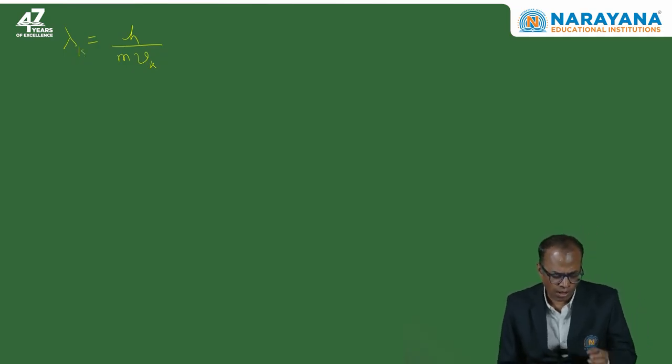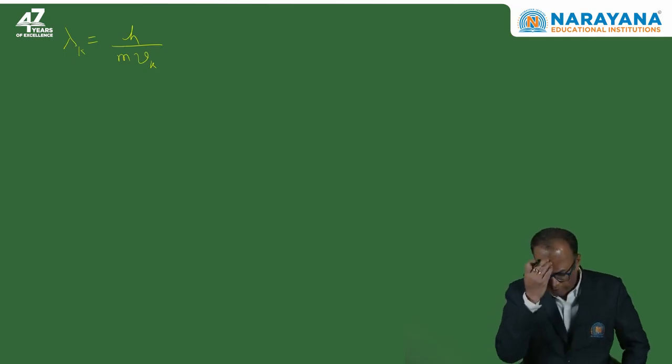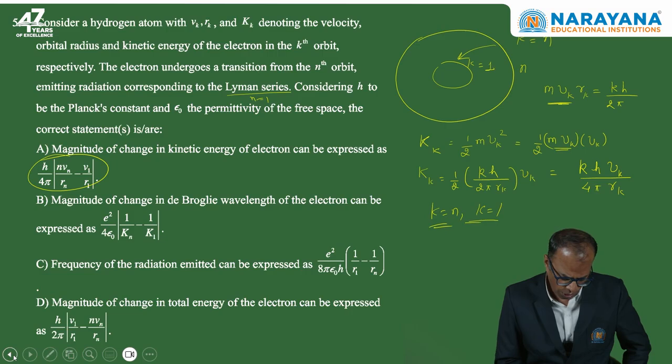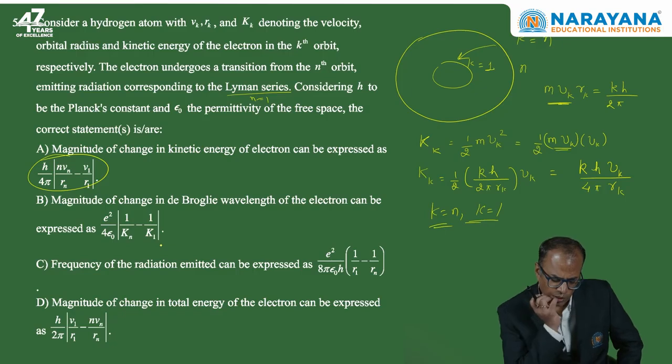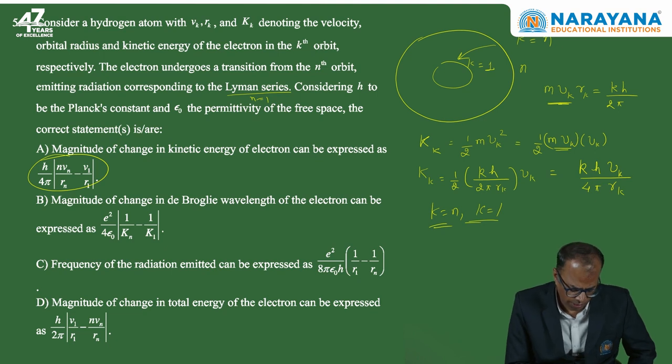De Broglie wavelength lambda is equal to h over m vk in the kth orbit, and I have to express this in terms of kinetic energy, purely kinetic energy, and also h into pi. Let's look at the option. E square by 4 epsilon naught times 1 by kn minus 1 by k1. So I have to convert this into E and all those things. Okay, I got the idea.